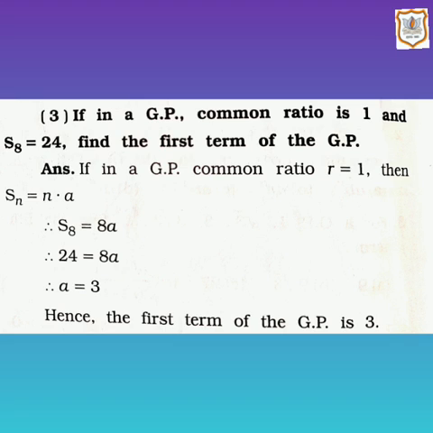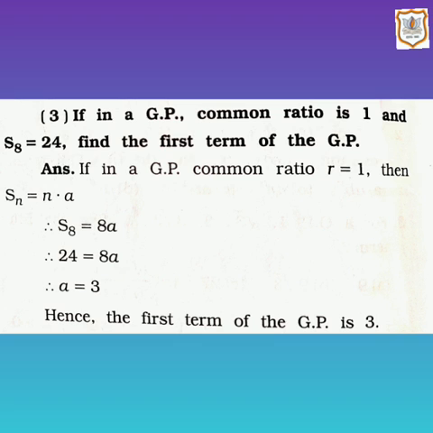So S8 is equal to 8A. The value of S8 is given, that is 24, so 24 is equal to 8A. Now dividing, 24 divided by 8 is equal to A, that is A is equal to 3. So the first term of the GP is 3, as A is considered the first term.